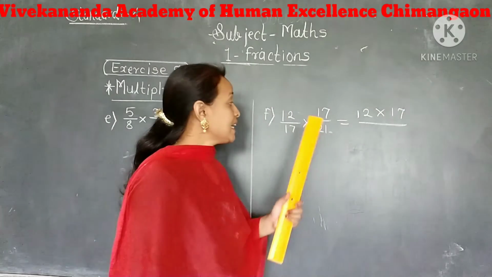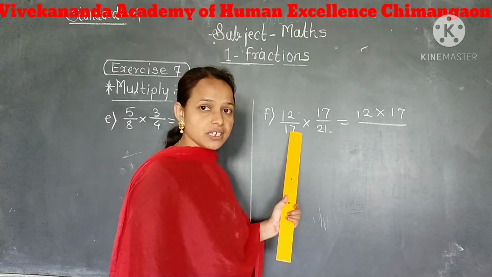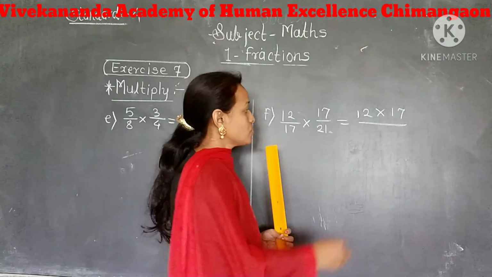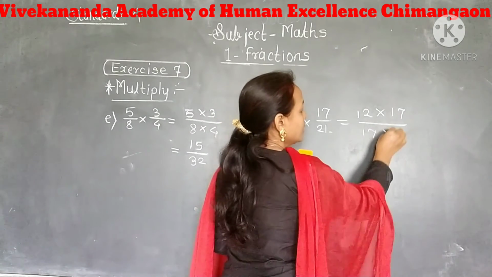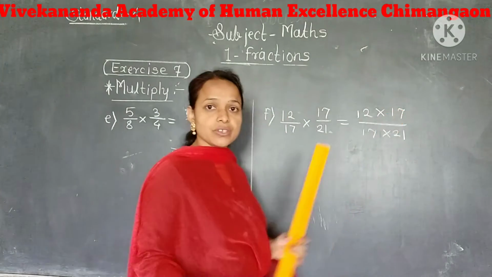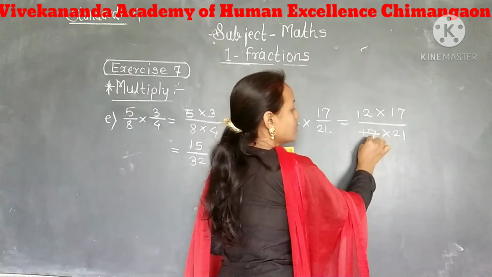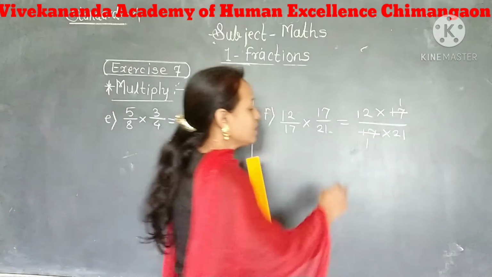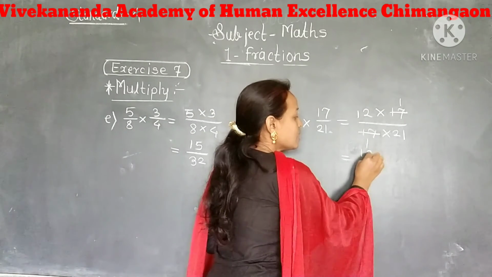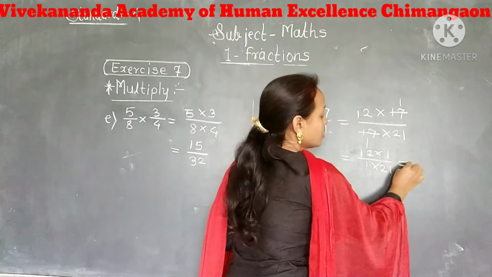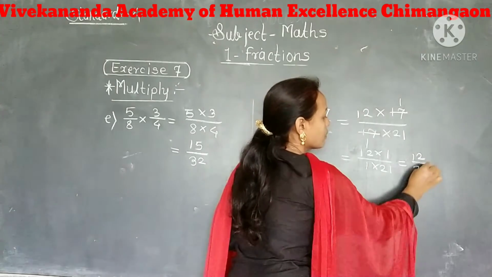Also we multiply the denominator of the first fraction 17 with the denominator of the second fraction 21. So we multiply 17 by 21. Here 17, 17, so we divide. 17 ones are 17, 17 ones are 17. Now here remain 12 ones are 12 and 21 ones are 21.